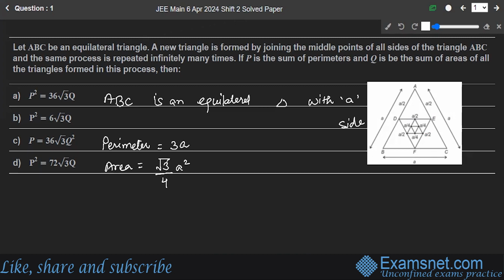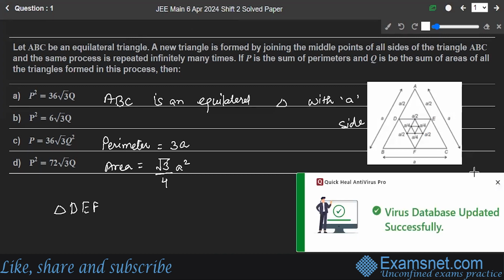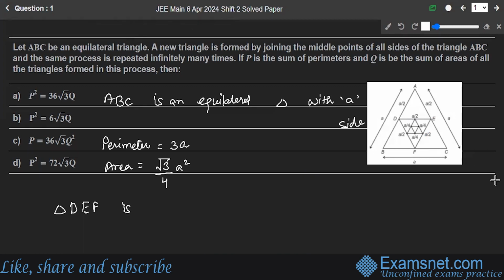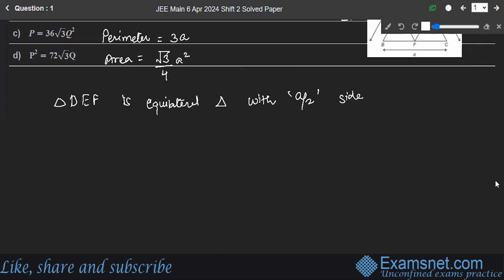Now take the midpoint of each side, the triangle DEF. This is again an equilateral triangle, made by joining the midpoints of each side of triangle ABC. But now the side will be A/2, because the side is half.